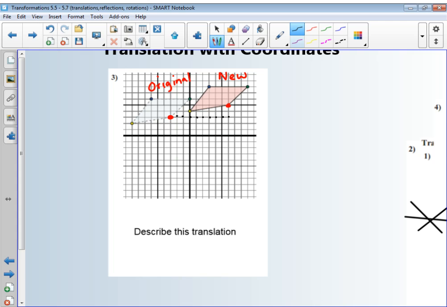So I'm going to go to the right 9. And then I'm going to go up 1, 2. So 2 spaces up.